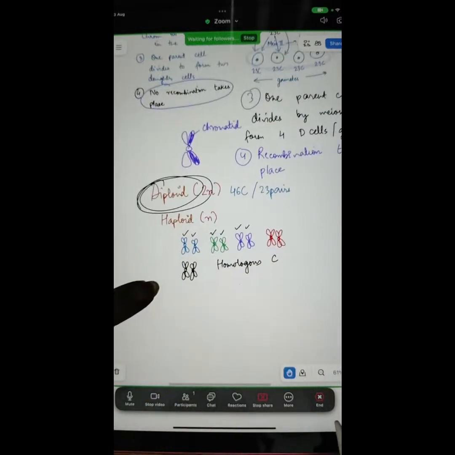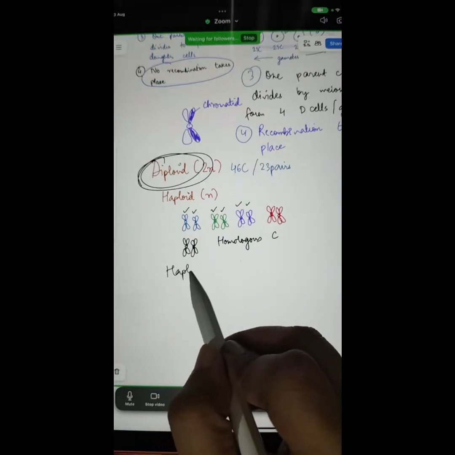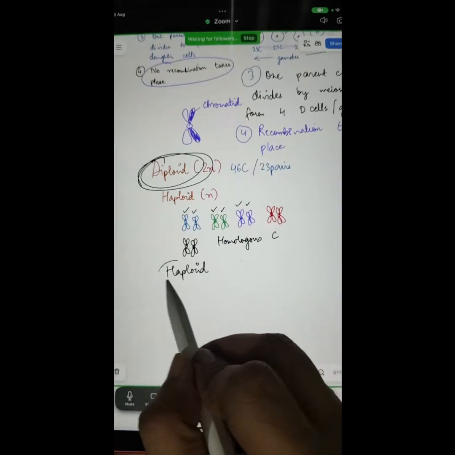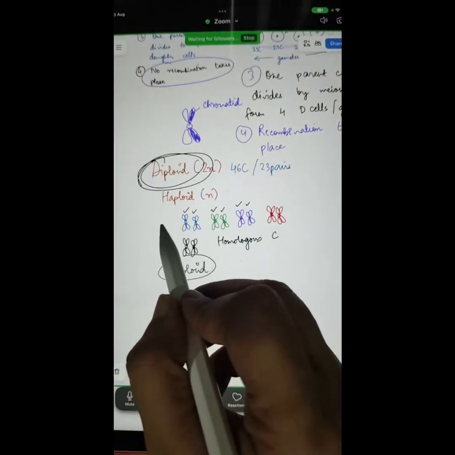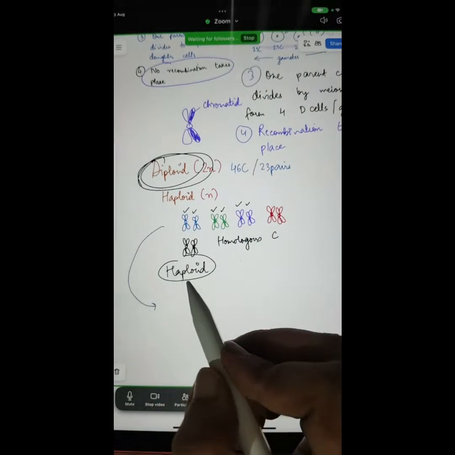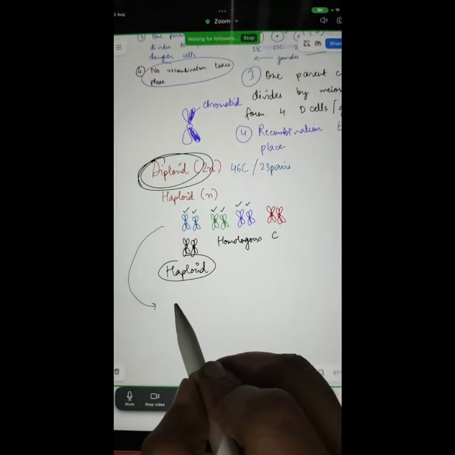So if the chromosomes are existing in pairs, they are known as diploid. 2n means in pairs. Now let's understand what you mean by haploid. Taking the context of the same, I have shown the above 5 pairs which are homologous chromosomes.